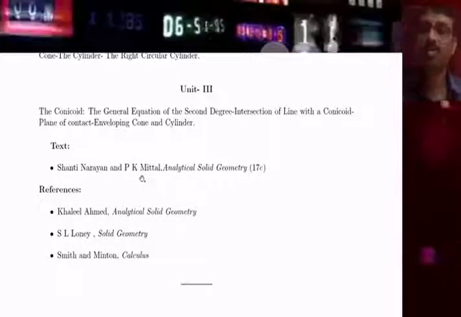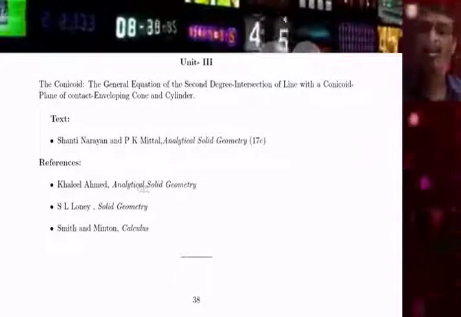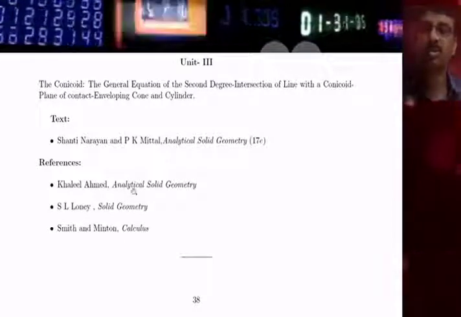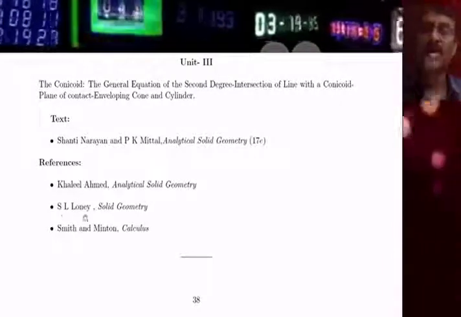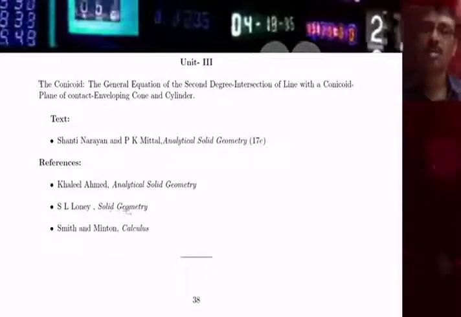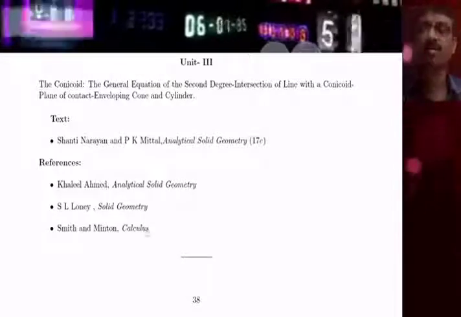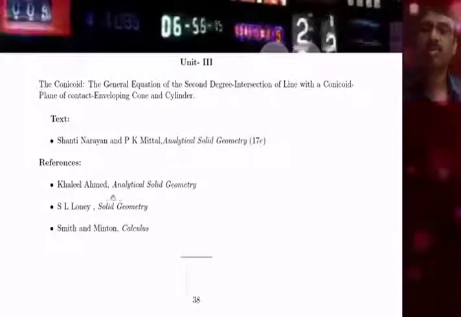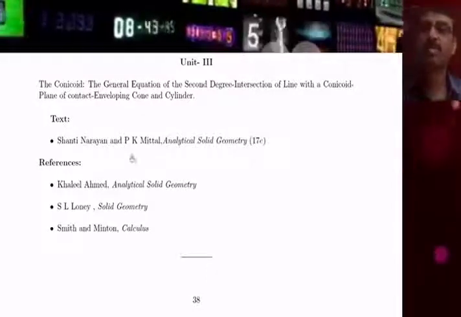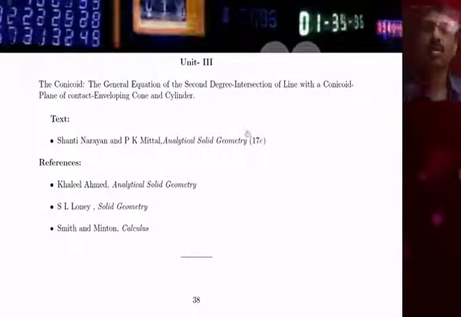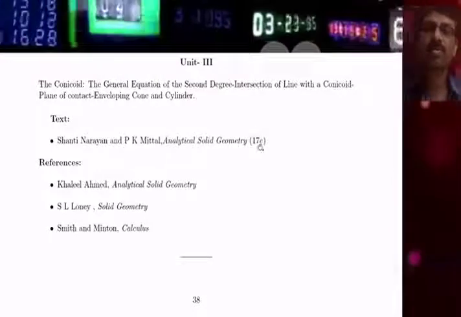The reference books are Solid Geometry by Khalil Ahmed, Solid Geometry by S.L. Loney, and Calculus by Smith and Minton. These 4 books are very useful. From an exam point of view, the first book is very important, and we have to thoroughly practice problems from it.